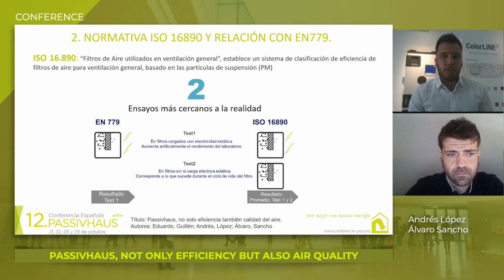The new ISO standard 16890 performs the same test but also includes a second test with filters without electrical charge, which would be used in the real life cycle. The result is then calculated as an average between both tests to obtain the corresponding license for the filter.